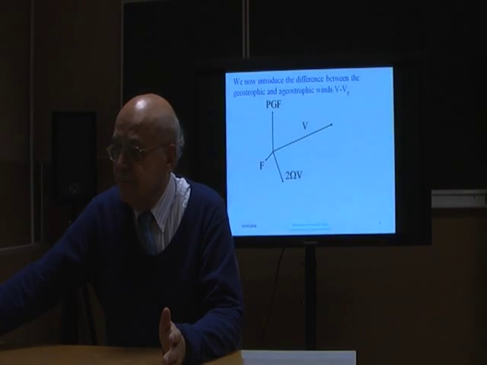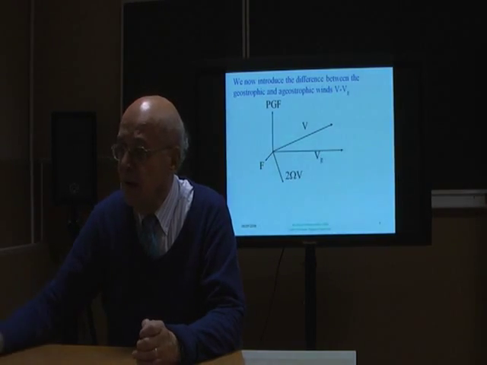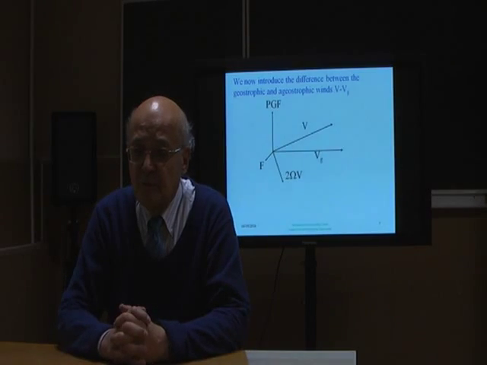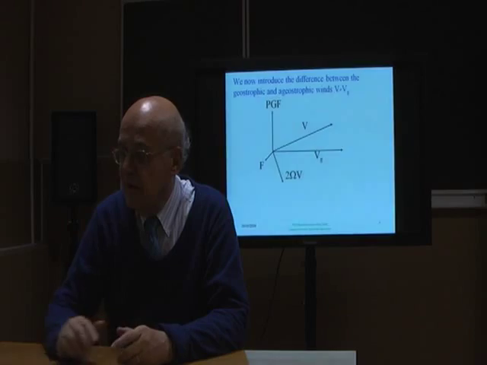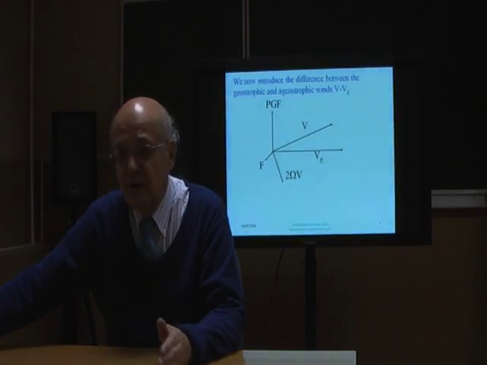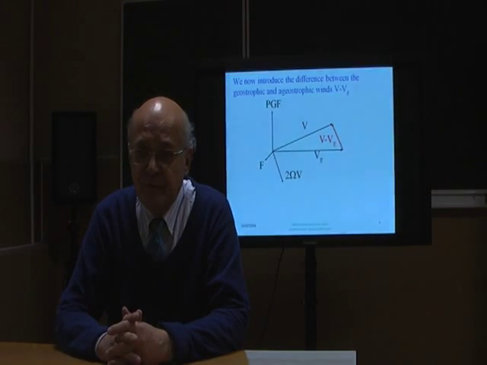But then let's now introduce the geostrophic wind, because this wind is not geostrophic because of the friction. So here we have now the geostrophic wind, and there's a difference between the geostrophic wind and the real wind, and we call that V minus Vg.